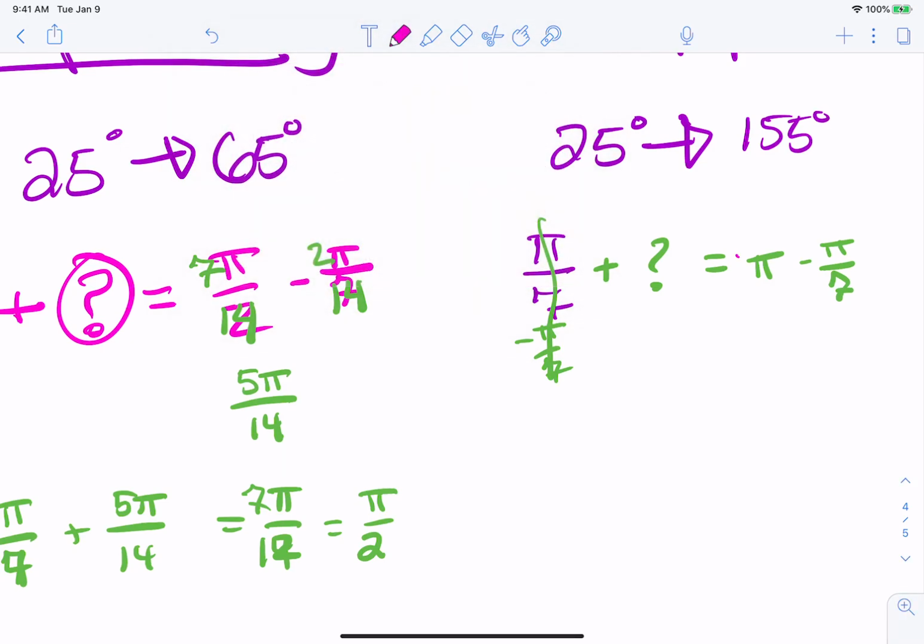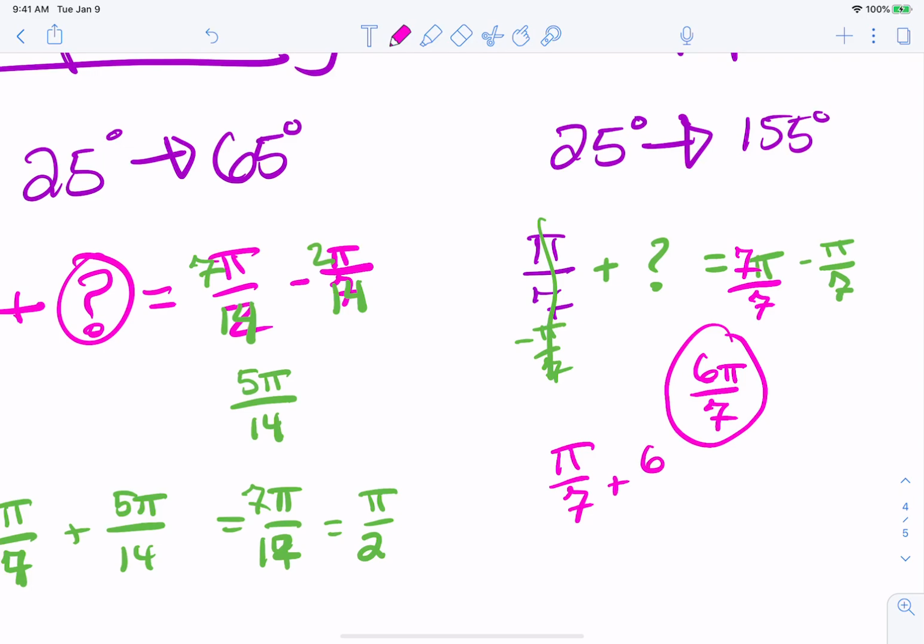I'm going to make this 7 pi over 7 minus pi over 7, which is 6 pi over 7. To check myself, pi over 7 plus 6 pi over 7 makes 7 pi over 7, which is just pi. Okay? That was really a lot of pi's going on.